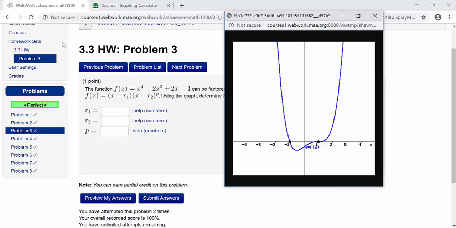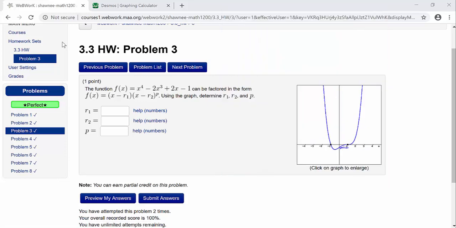So on our expression here, the single 0, r1, is going to be at -1, and the triple 0 is going to be at +1. So I'd put in x minus -1 here, and then x minus 1 to the power p, and since it's a triple 0, I put p equals 3.